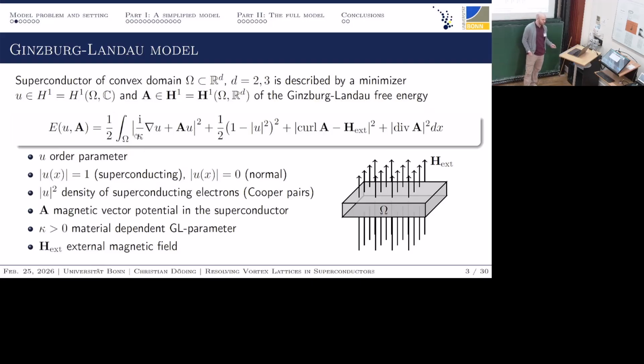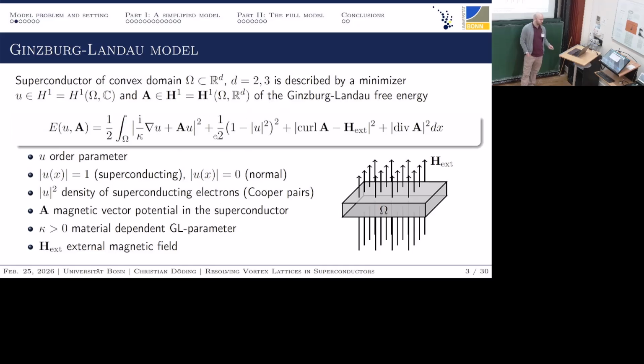It consists of a kinetic part involving the gradient of U, the vector potential A and U as well. And there is a factor 1 over kappa here that will play a crucial role in the following. Namely, this kappa is a material-dependent parameter called the Ginzburg-Landau parameter, and that's the parameter we want to vary in the following.